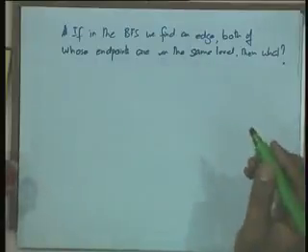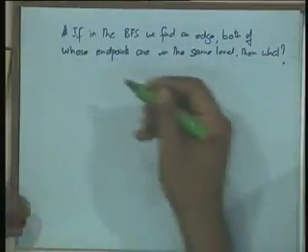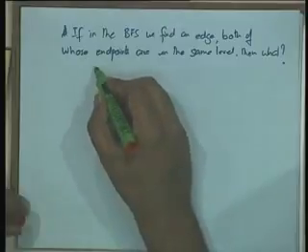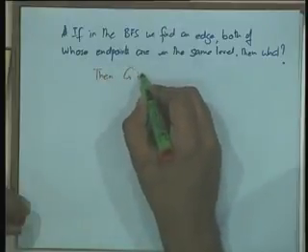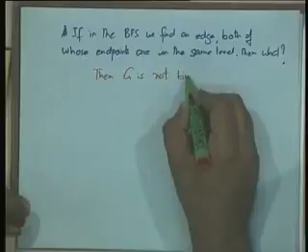Well, life cannot be too hard, right? So basically we have to say the graph is not bipartite. Then G is not bipartite. But why?